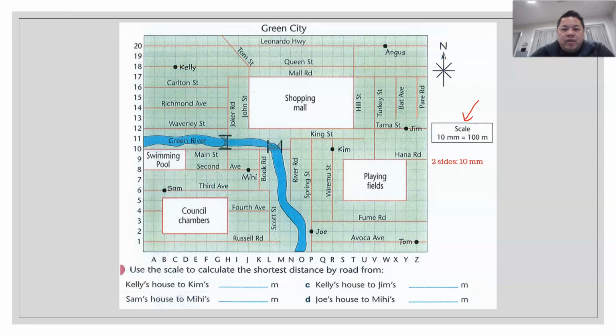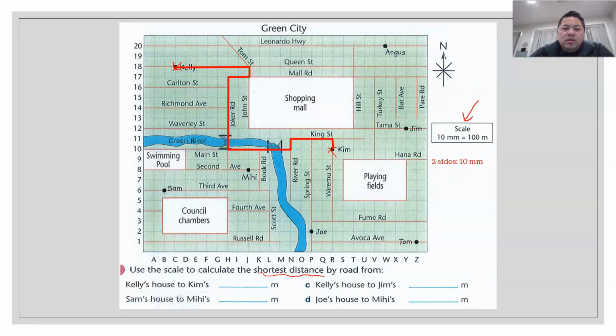Kelly is supposed to move from her house to Kim's house. Kelly is over here, Kim is over here. They say you have to go by the shortest distance. I managed to find the shortest distance to be like this. That's how Kelly should move to Kim's place to get the shortest distance.